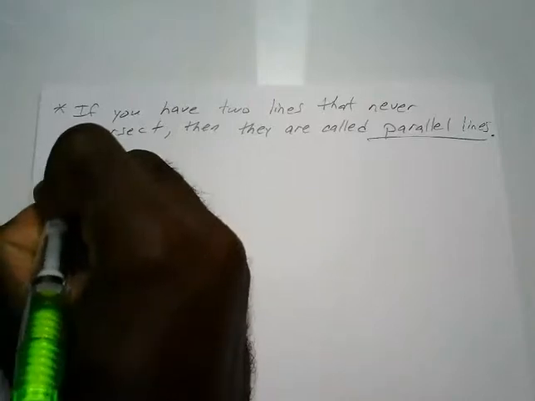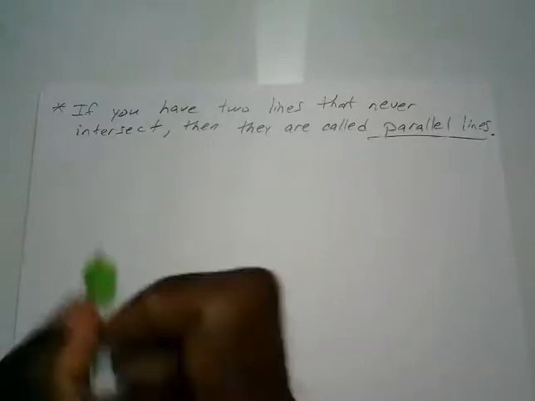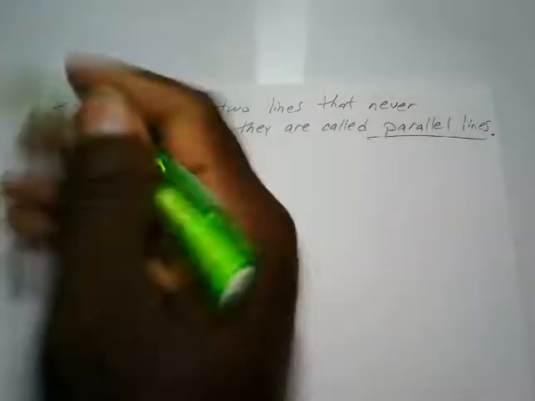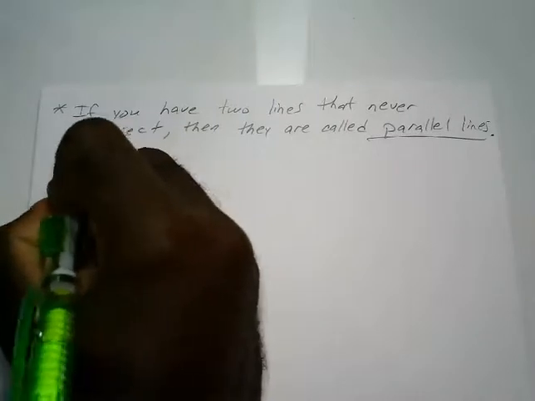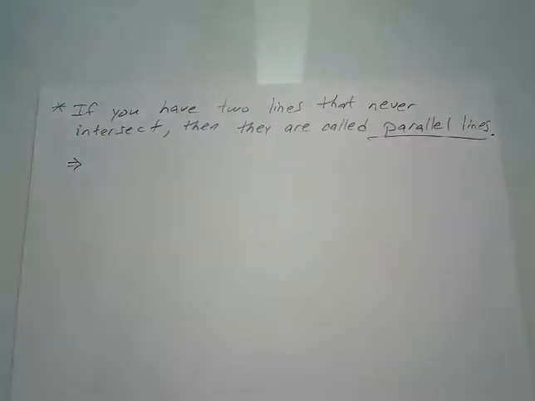Okay, so for example, well, actually, before I put the example, let me put one very important thing here. If you have two lines that never intersect, that is really just a fancy way of saying they both have the same slope.